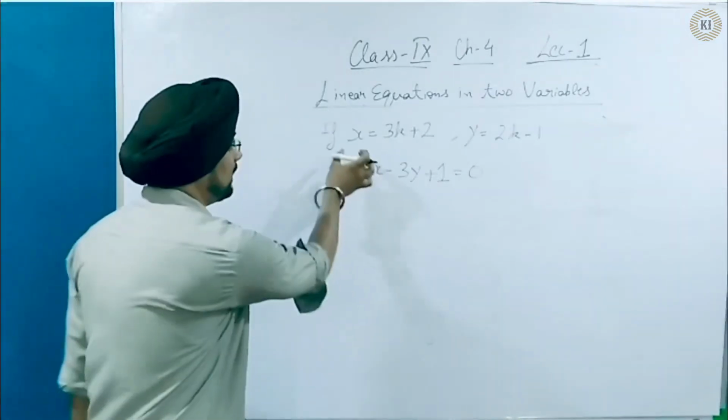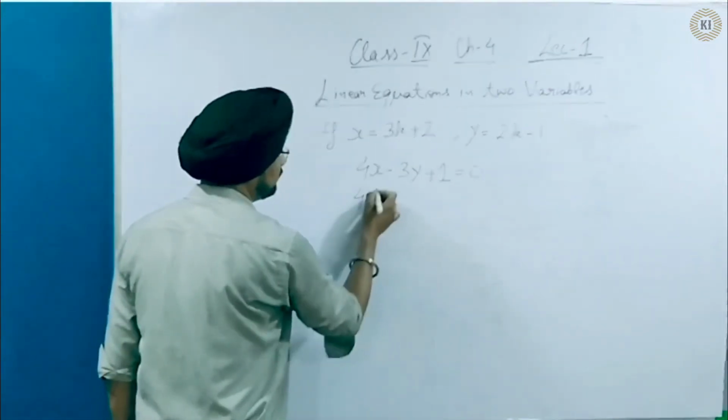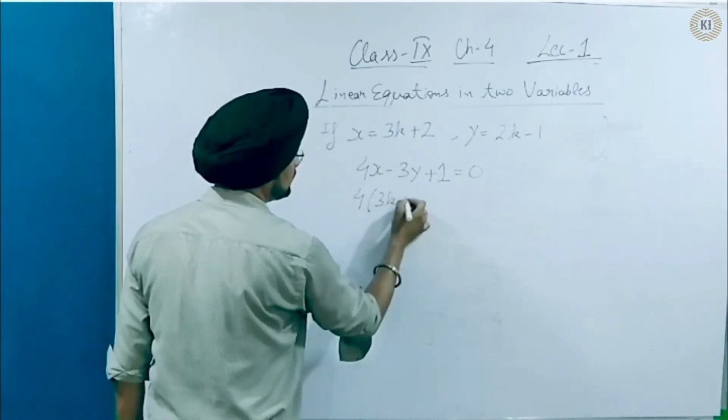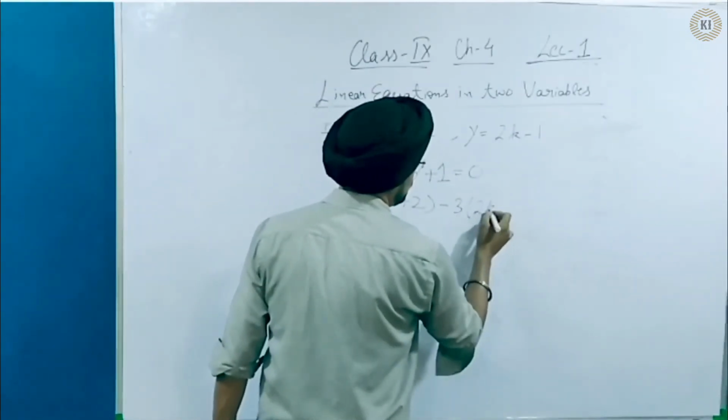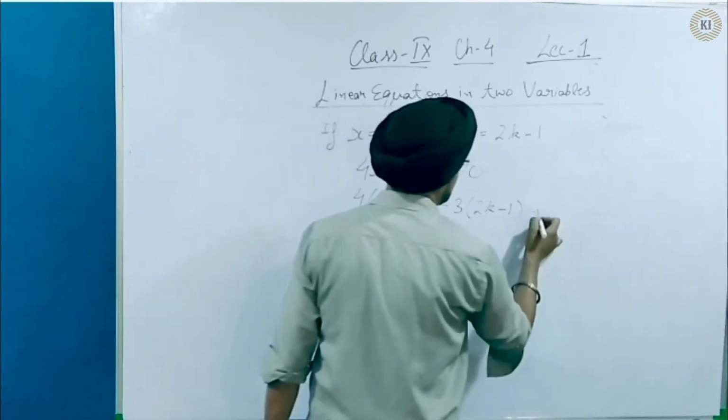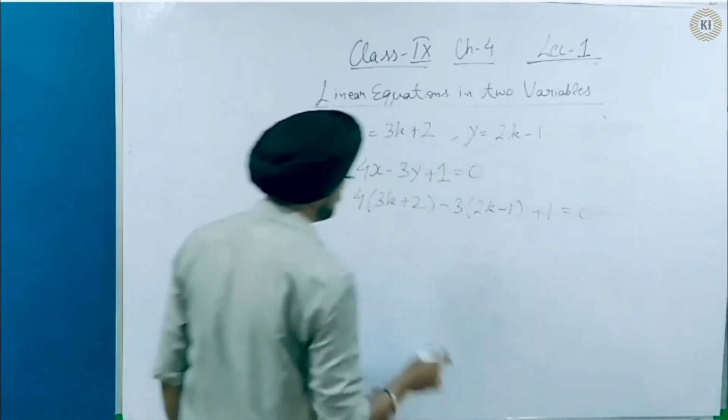So we put the values in this equation. So 4 into (3k plus 2) minus 3 into (2k minus 1) plus 1 is equal to 0. Solve it.